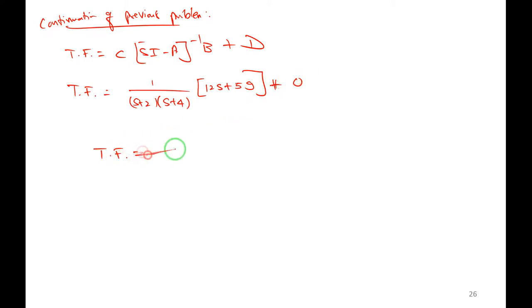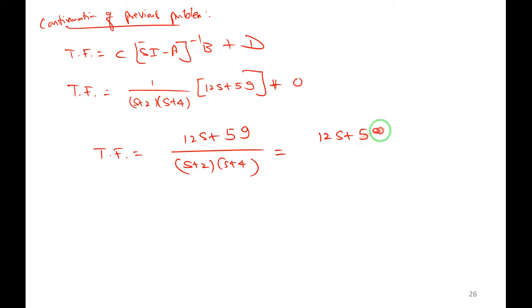So this is the final transfer function. Final transfer function is (12S plus 59) divided by (S plus 2) into (S plus 4). You can multiply and write it, or else you can keep it like this only. 12S plus 59 divided by, let me multiply: S into S is S square, plus S into 4 is 4S, plus 2 into S is 2S, plus 2 into 4 is 8.